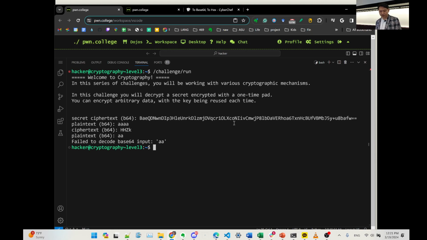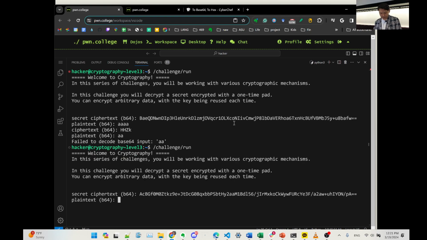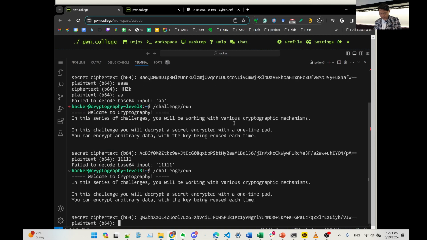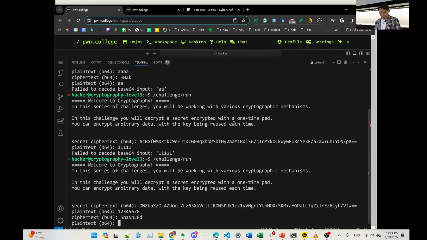Here, the key size can be a multiple of 4, but when you input some other size like 5, yeah, they cannot encrypt. So a multiple of 4 can be encrypted in this mechanism.